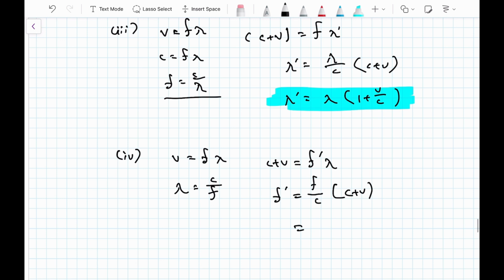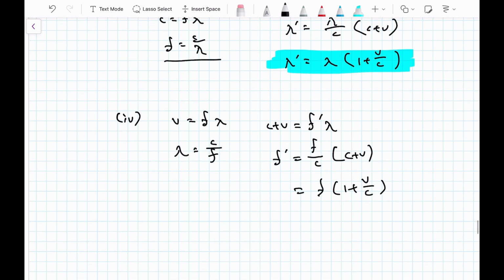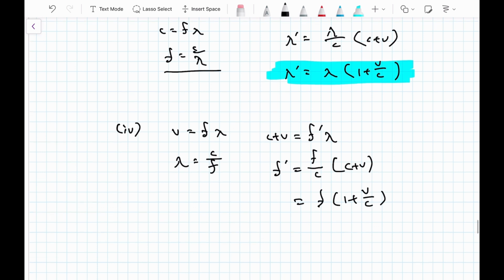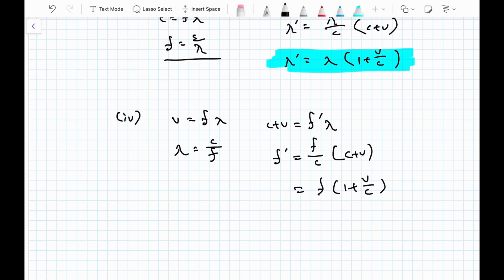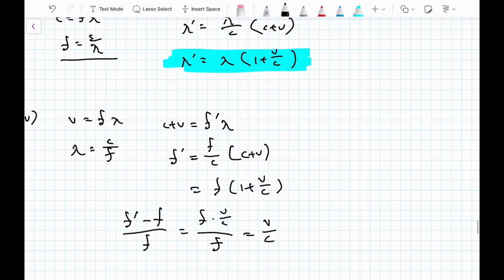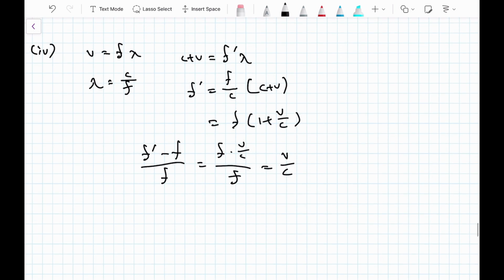So we have f times 1 plus v over c. So therefore the fractional change, I suppose, is f prime minus f over f. So we have f multiplied by v over c over f, and we get v over c as the fractional change. So this should be the answer to the question.